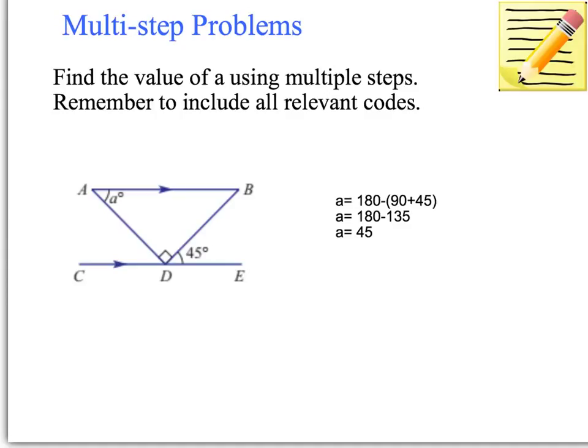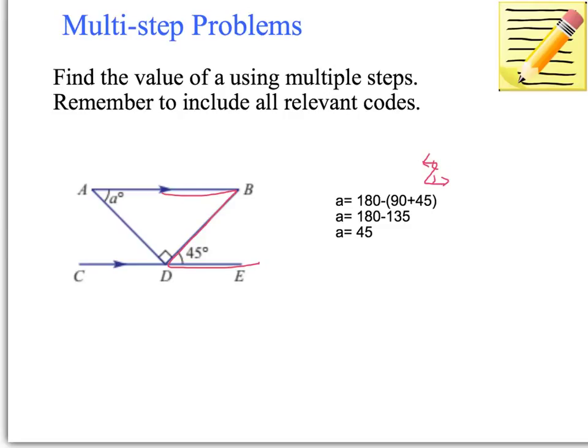Alright, so you need to find the value of A, again using multiple steps and including the relevant codes here. Can you see anything that might help you? Can you see the Z shape here? Remember, alternate angles are equal.